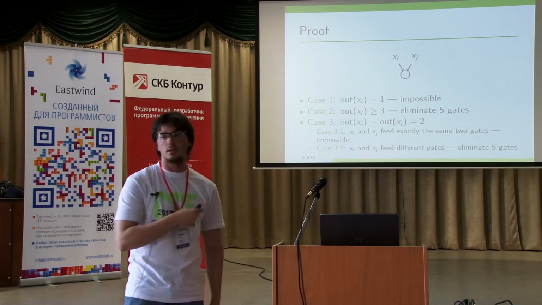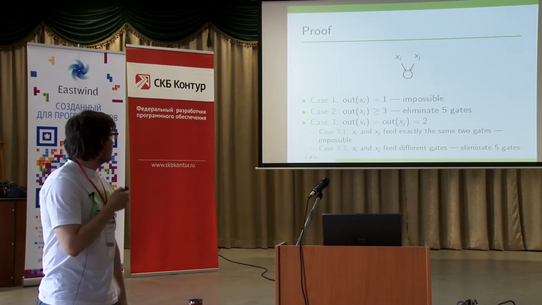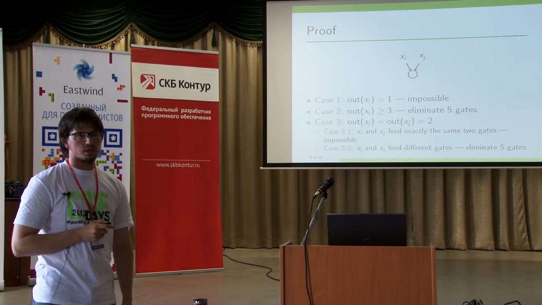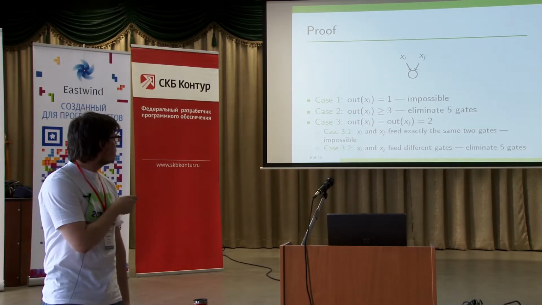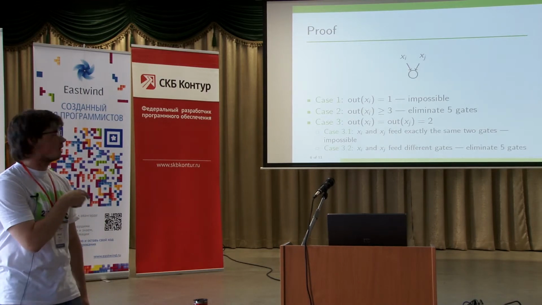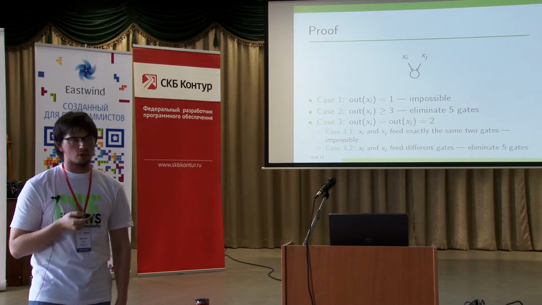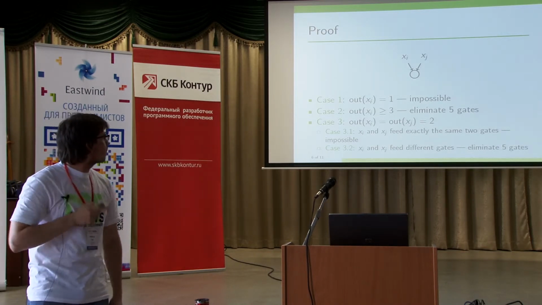It is the fan out of these variables. We can describe why fan out 1 for the variable is impossible for such a circuit, and it is very easy to deal with if fan out is high. So the only interesting question is actually case number 3.